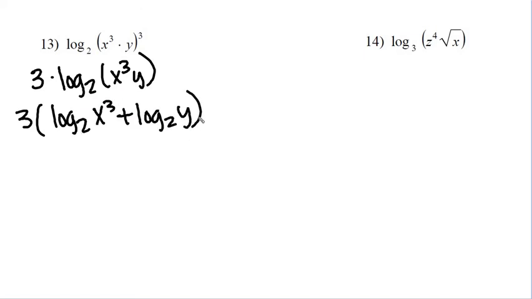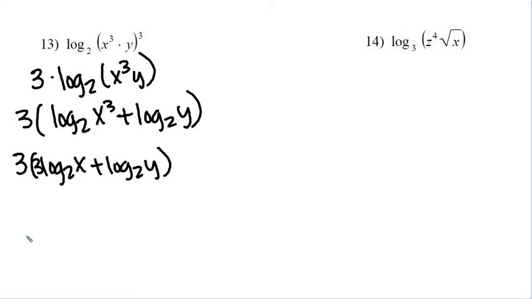So I still have a power. No products, no quotients, but I still have a power. So 3 times 3 log base 2 of x plus log base 2 of y. Again, you can distribute or not distribute. As far as simplification, it's definitely equivalent, and it doesn't make it any more or less simple to distribute.